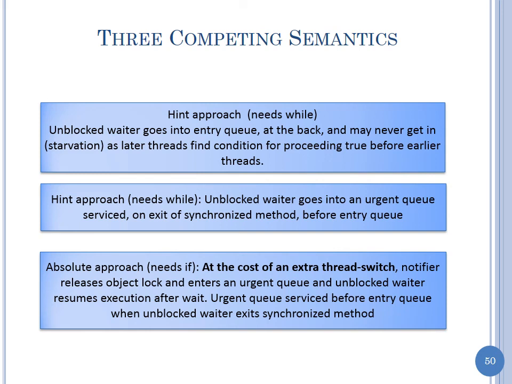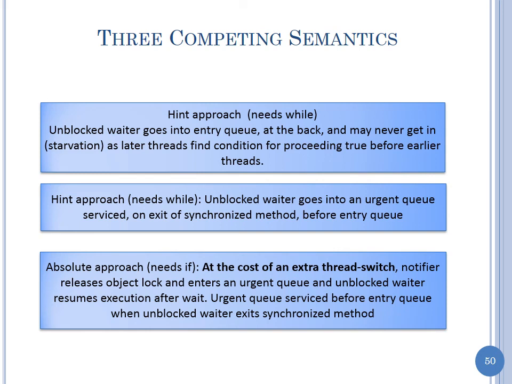What happens in the absolute approach? Now the unblocked thread immediately starts executing. So the notifying thread is put in a queue. It has to re-enter the monitor to finish executing a synchronized method. Again, we don't want it to be starved. Here it is being nice.